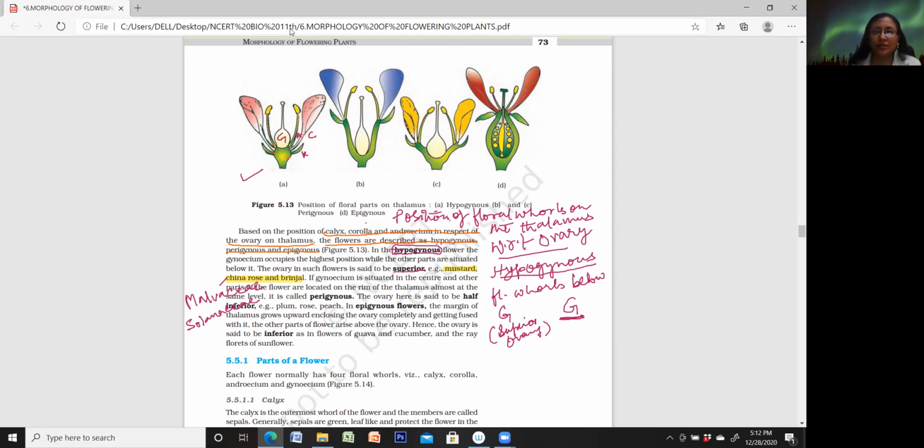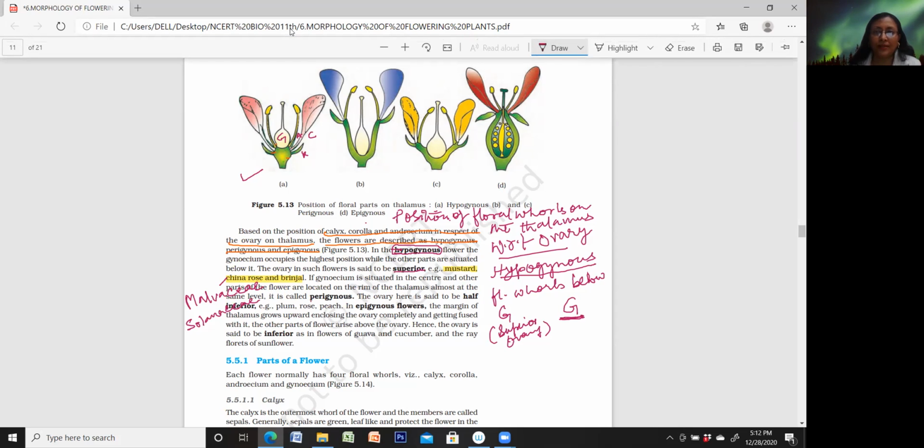Let's go to another condition, that is perigynous. In perigynous, as you can see, the gynoecium would be situated in the center, and other whorls would be located on the rim of the thalamus, almost at the same level.